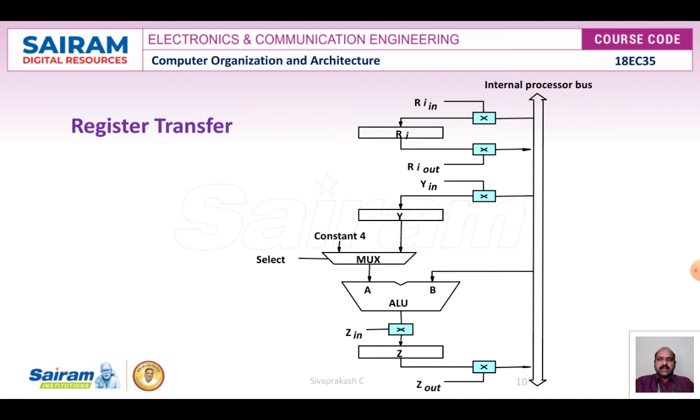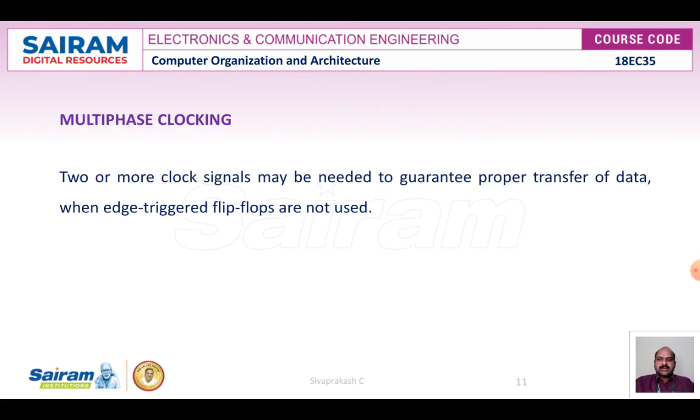Let's see a small concept called multi-phase clocking. What is multi-phase clocking in register transfer? Sometimes the data transfer may use both the rising edge and the falling edge of the clock for transfer from one register to another, or from processor to register.